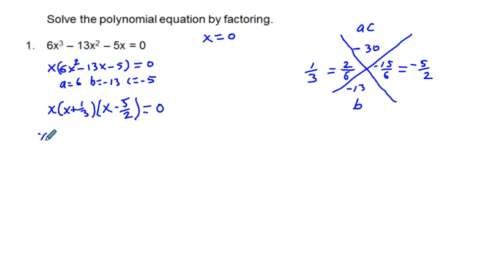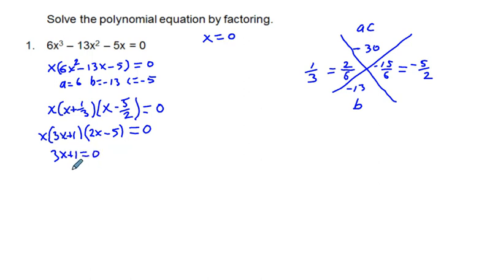So we have x, and we have 3 times x. We have 3x plus 1, and then 2 times 5. So 2 times x, 2x minus 5 is equal to 0. So we already have x equals 0, but also we're going to have 3x plus 1 is equal to 0.